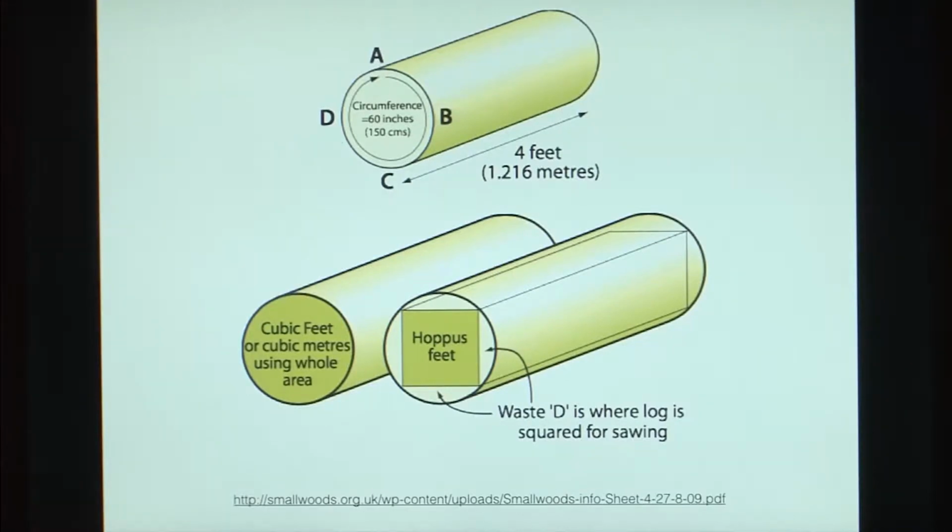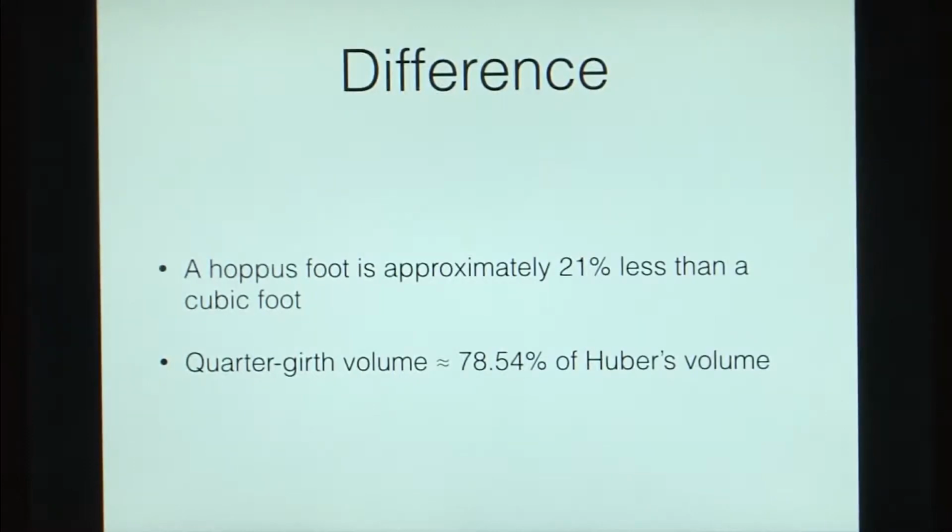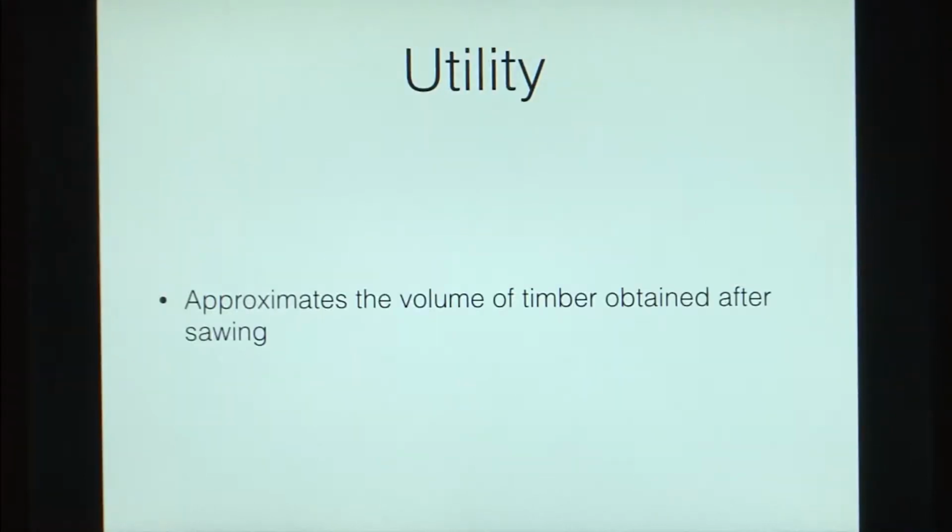So, it will be G by 4 into G by 4 into the length of the log. Next, we saw that it is around 78.54% of the actual volume of the cylinder. It approximates the volume of timber that is obtained after sawing. So, that is one utility of it.